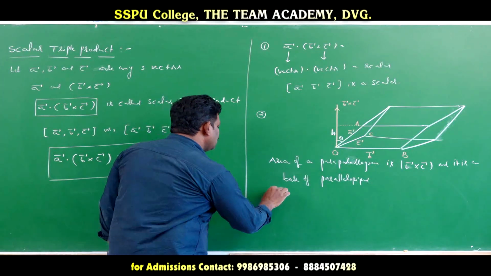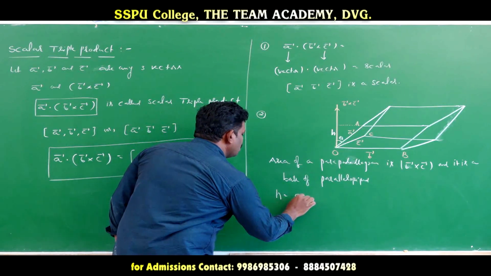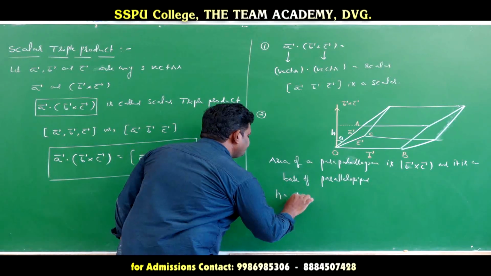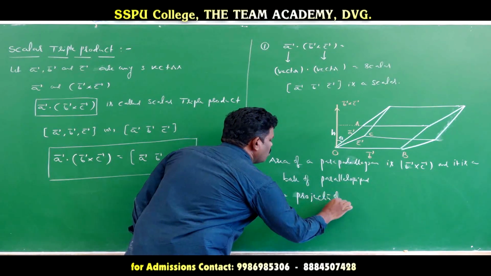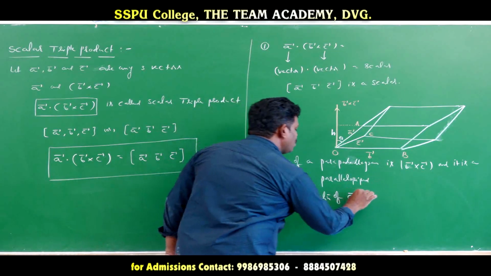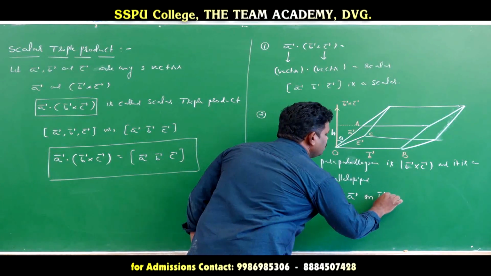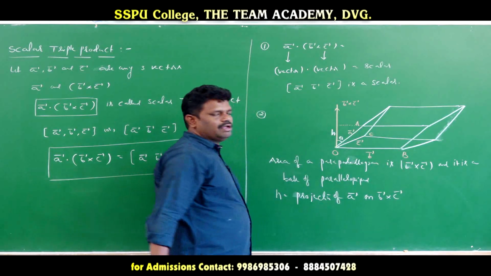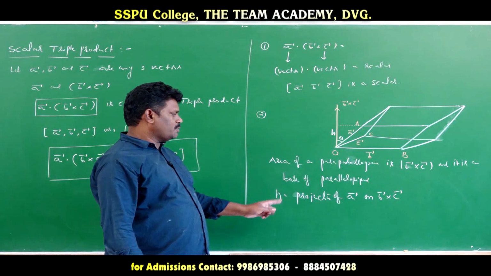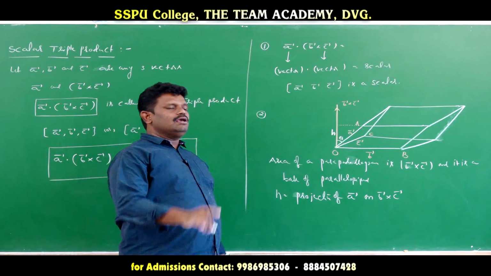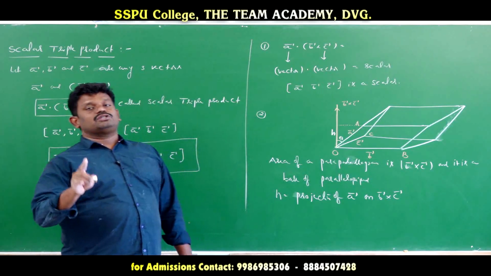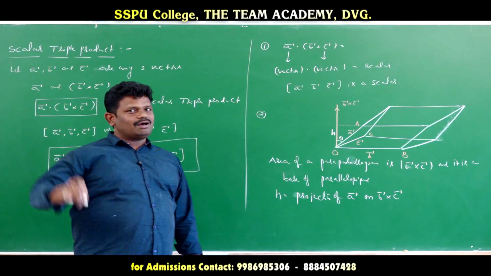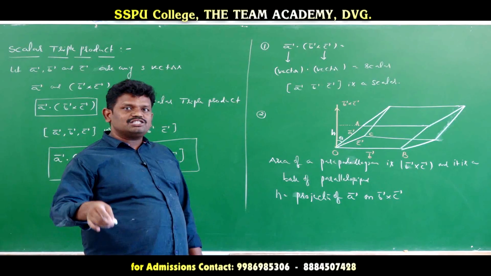So height H is equal to the projection of the A vector along the B bar cross C bar. Already we know that the projection of A bar on B bar is A bar dot B bar by the magnitude of B bar.